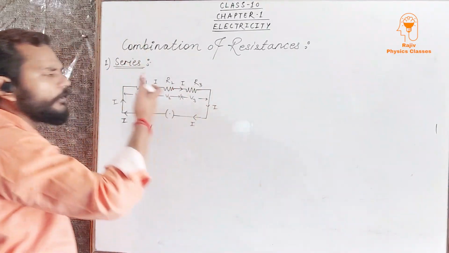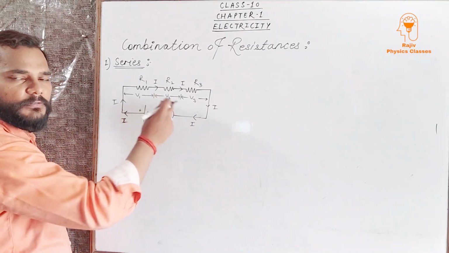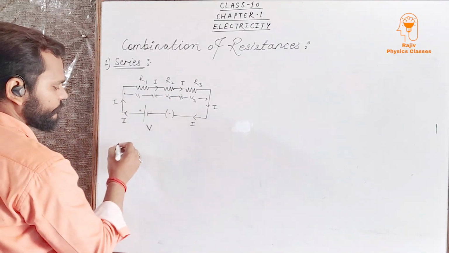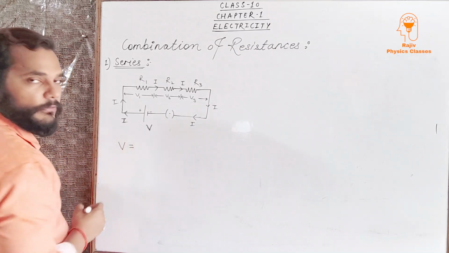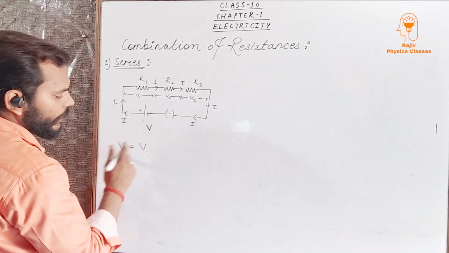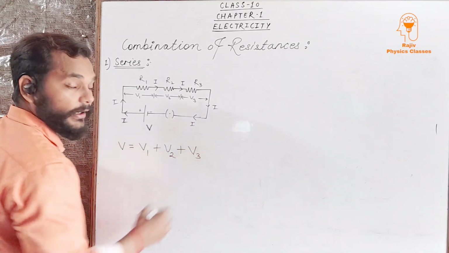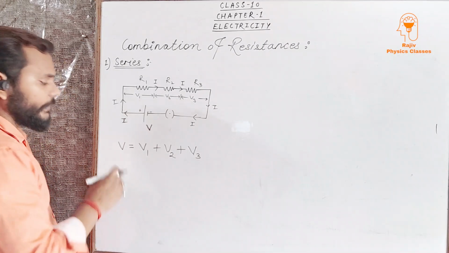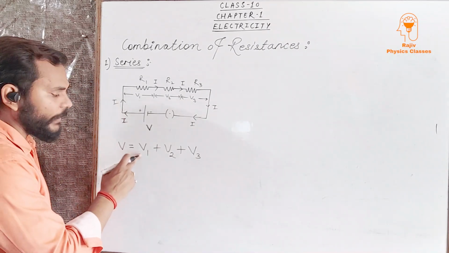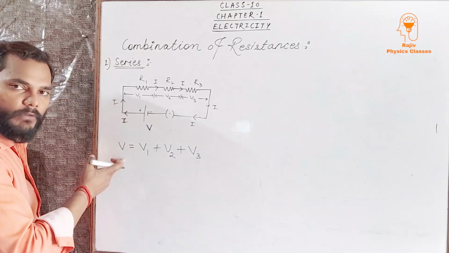It depends on the value of the resistance, but this value of voltage will split in three parts. So this total voltage will be the algebraic sum of V1, V2 and V3. This voltage only splits in three parts, no? V1, V2 and V3. So if I add these three, you will get the total voltage here. Okay.